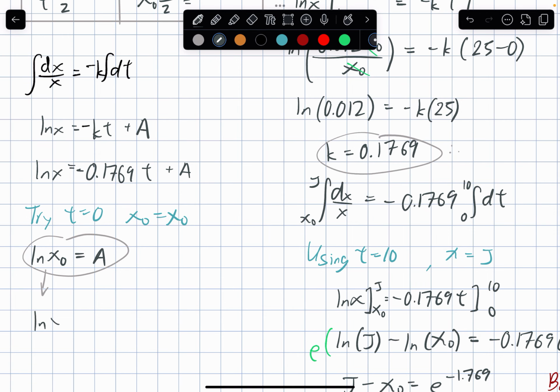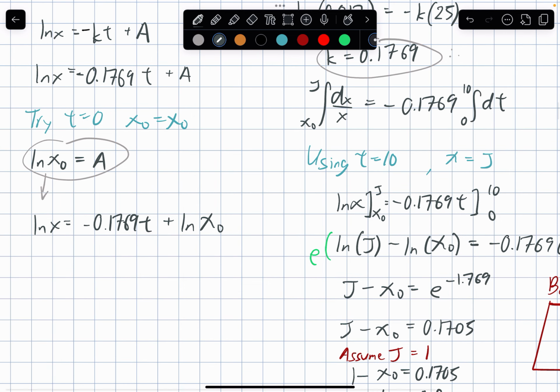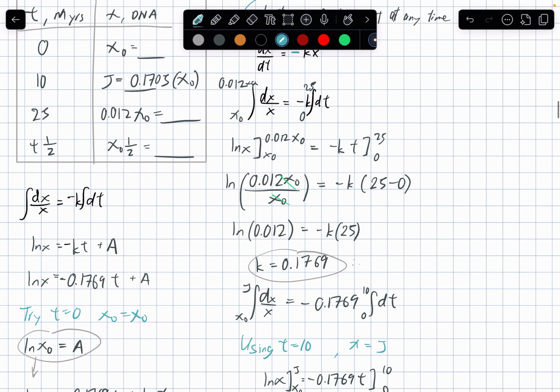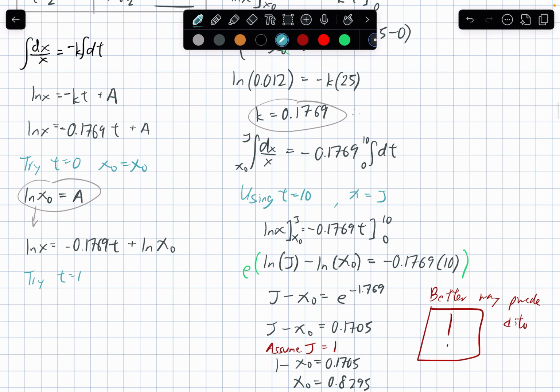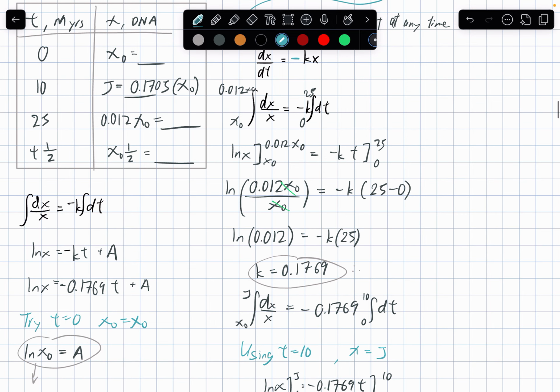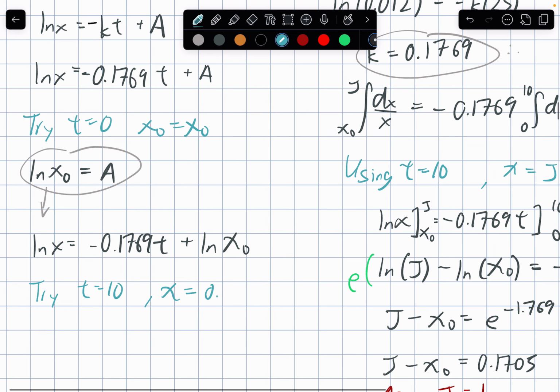Ln x is equal to negative k t plus a. So we're definitely not going to use the same pair. Let's try a different one. t equal to 10, x equal to 0.1705 x sub o. Actually, this might actually work.